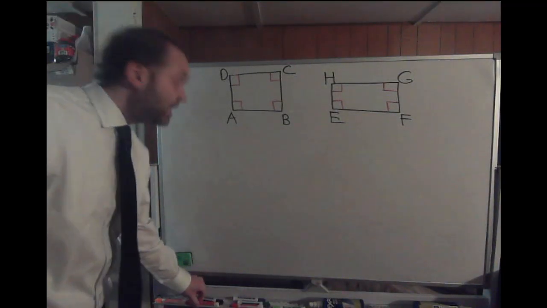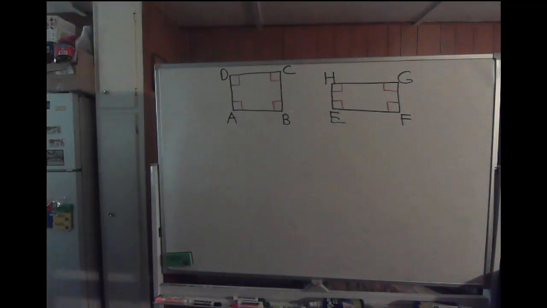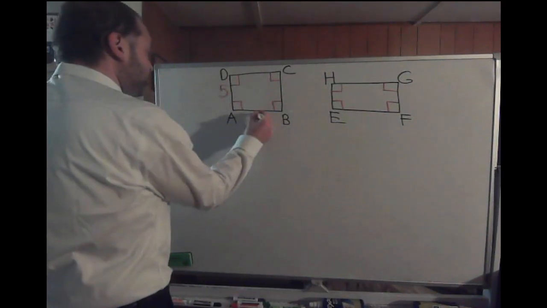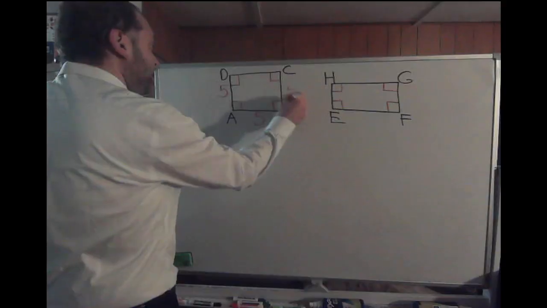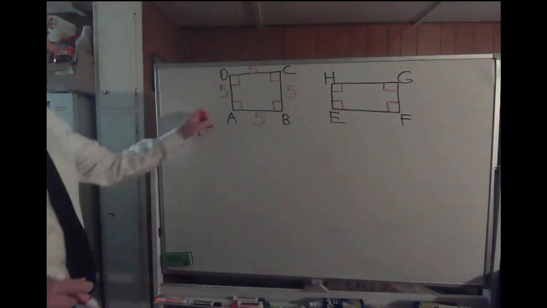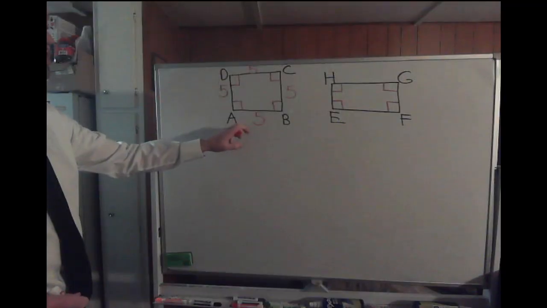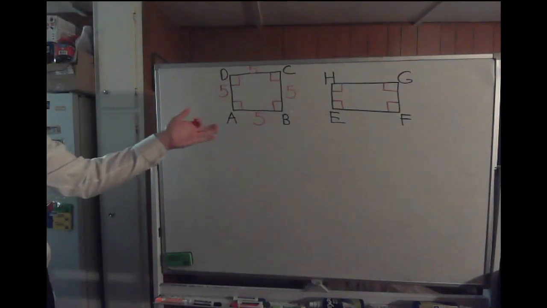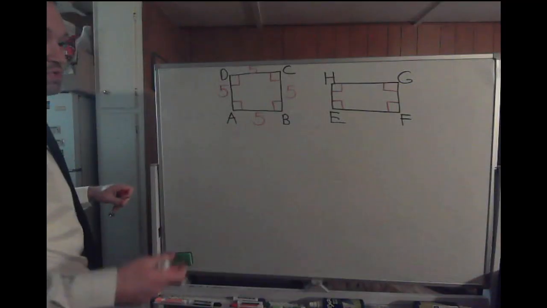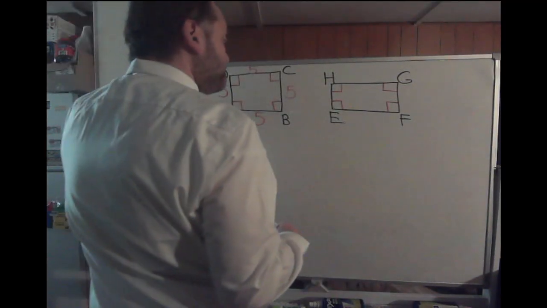Well, oh, I forgot to write down the sides, the lengths of the sides. 5, 5, 5, and 5. So this would make quadrilateral ABCD a square, since all the sides are congruent and there's 4 right angles by the definition of a square.